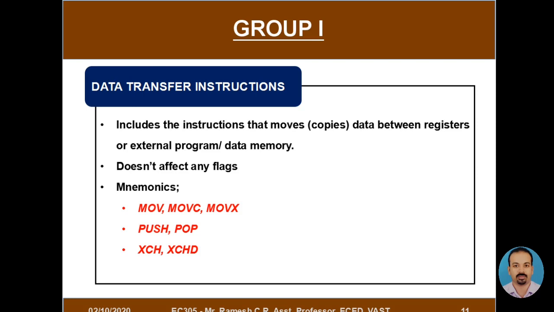Then we have the mnemonics PUSH and POP, which are used for data transfer between any of the internal RAM registers and the stack memory.